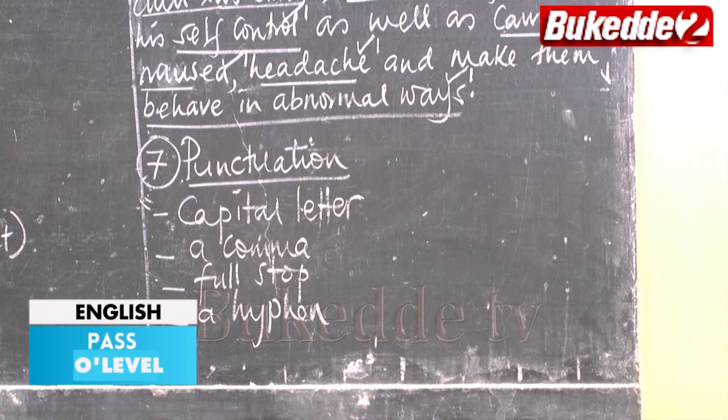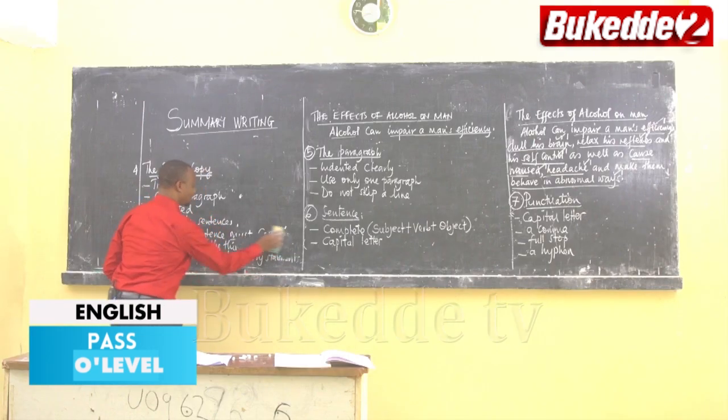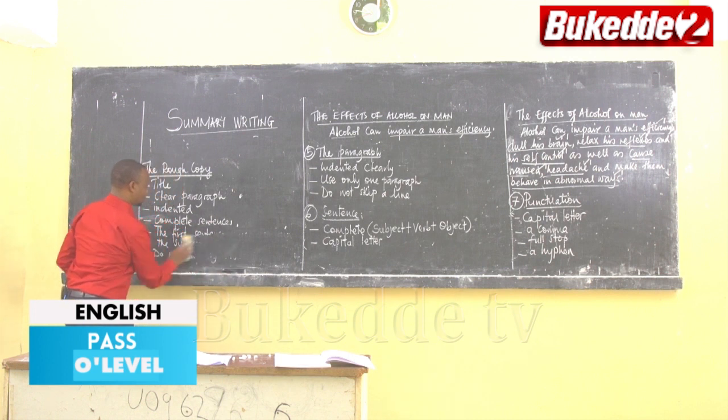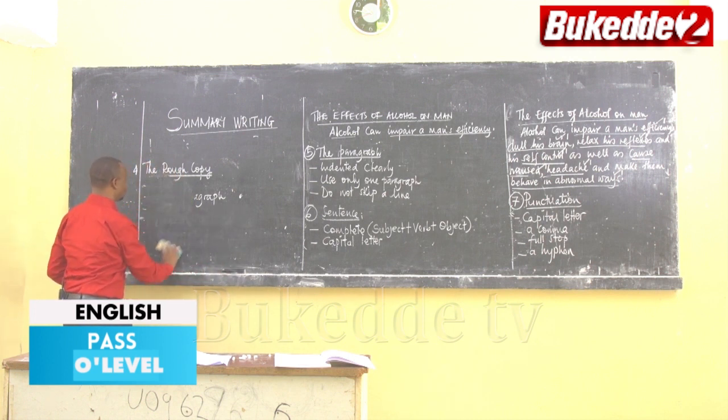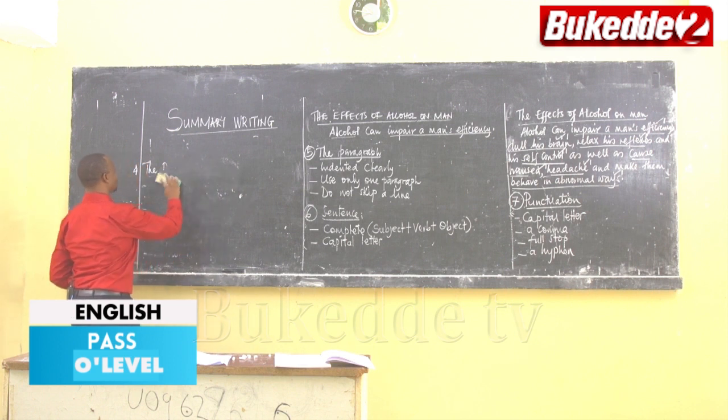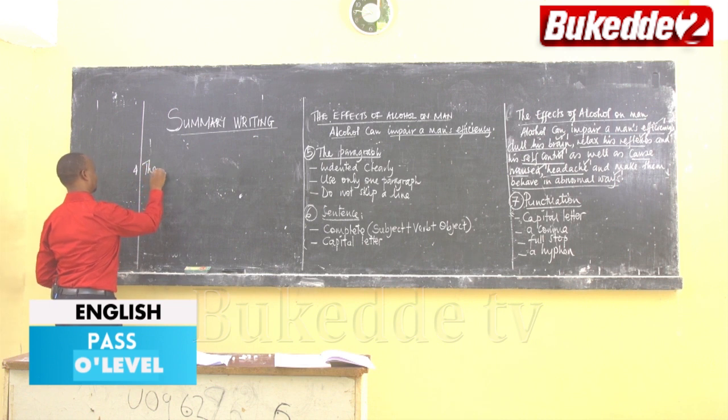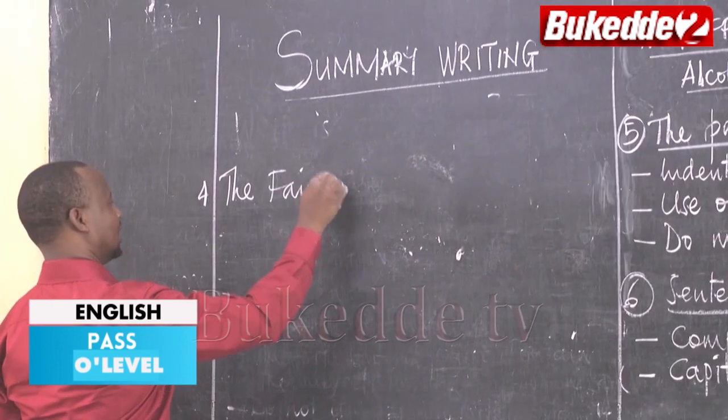I'll move very fast to word counting. After you have written your summary, you must go back and count the words. Transferring from the rough copy, you have maybe 120 words, and then you are now transferring to the fair copy. The fair copy.